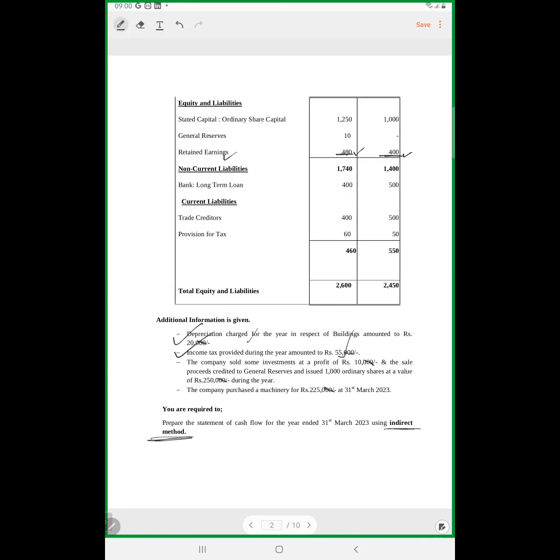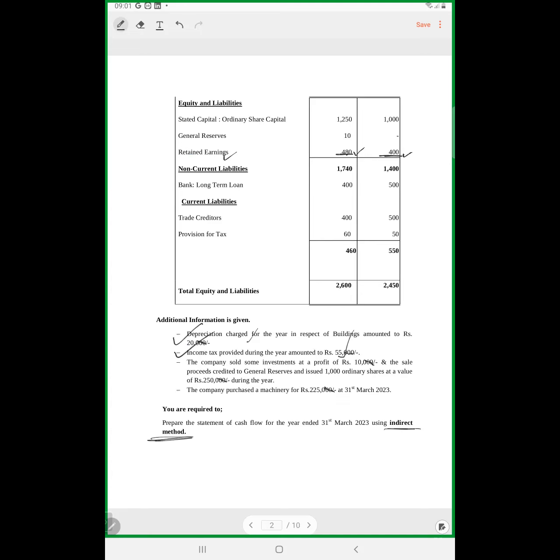And next thing you can see, right? What is it saying there? The company sold some investment at a profit of rupees 10. The sale proceeds credited to general reserve and issued 1,000 ordinary shares at rupees 250 during the year, right?